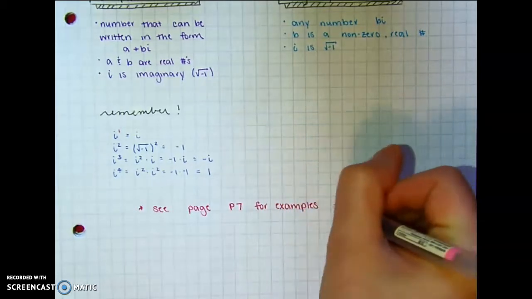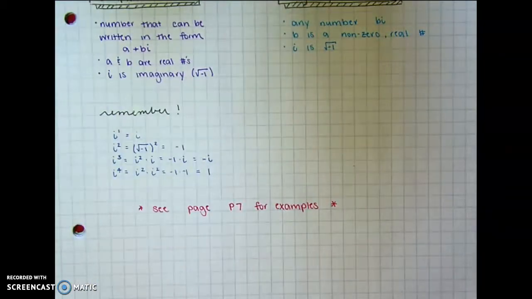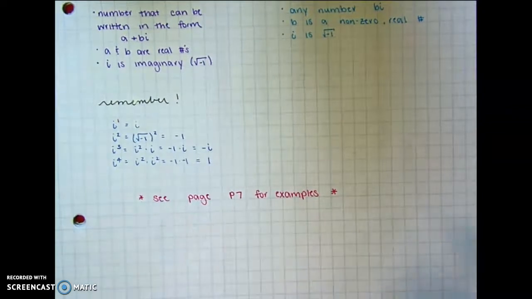And your book does a really great job of walking through the steps. I'll go through complex conjugates in this video real quick, just because students tend to really struggle with complex conjugates, but you could also just stop the video now and go to page P7.